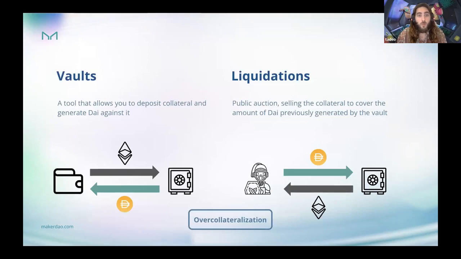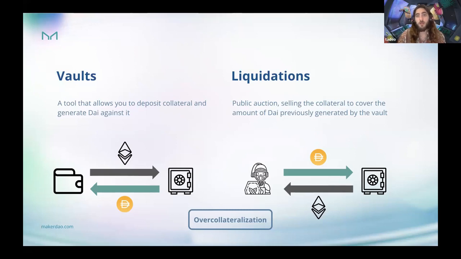The main way that this happens is what we call the vault system. These are over-collateralized vaults or loans that we give to users. Users are able to lock up their collateral, in this case it could be ETH, and then they're able to generate DAI based off that collateral. We operate on an over-collateralized design, which means that you're locking up more collateral than what you're able to extract as a loan.